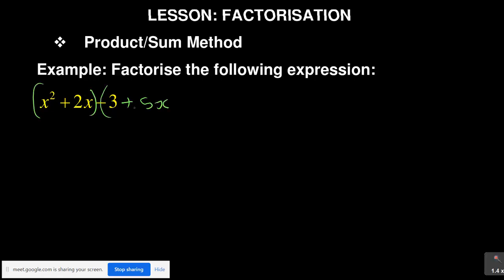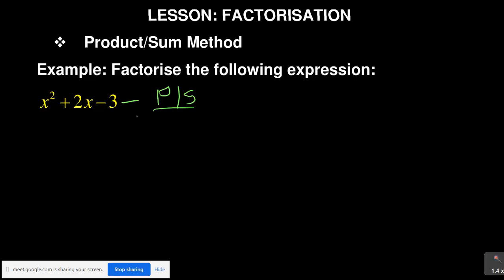Remember the grouping part? That is whenever it's 4. But now there is the next one. When they give you 3 terms and there is a higher power, like 2, you must know that now I must change and use the product sum method. Are you with me? Like polynomials.